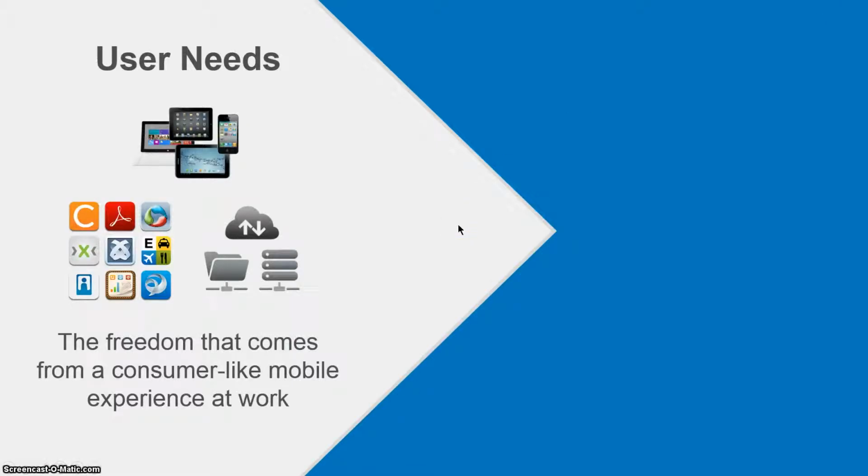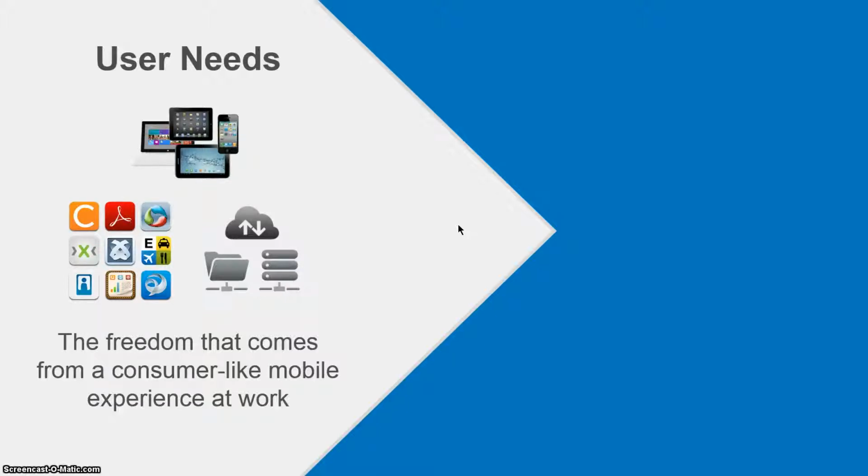So IT gets these user needs. They want the freedom to do what they need to do. And they say, okay, fine, but I need to be able to make sure that my department's information, when it goes onto that device, is under our control. They want to Facebook and Twitter and do all that other stuff. It's their device. They can do that. But my data can't mix with that.